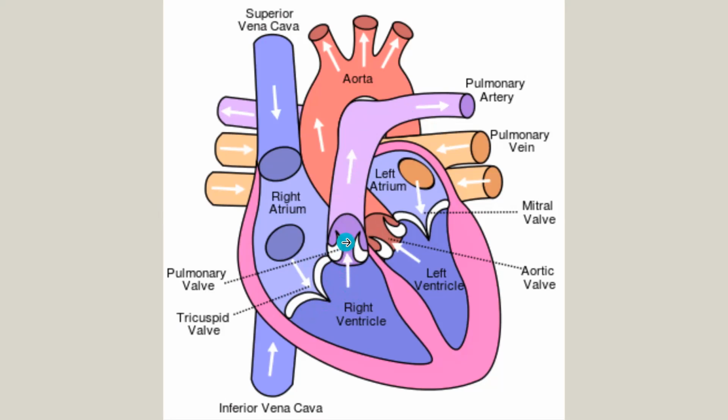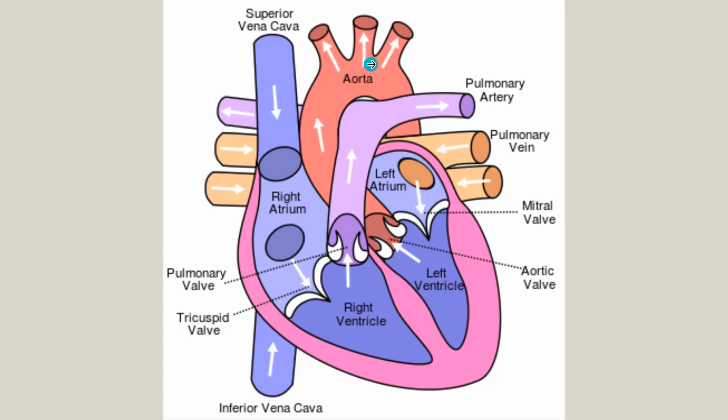Meanwhile, the left side of the heart is also important, especially when receiving oxygenated blood. The blood is received by the left atrium, and it will be pumped to the left ventricle before going to the other parts of the body through the aorta.